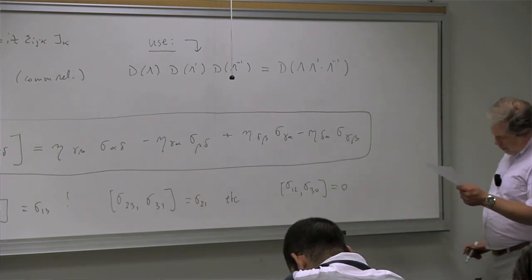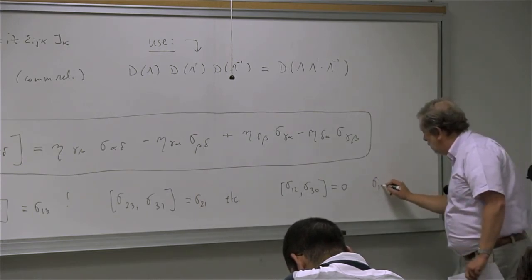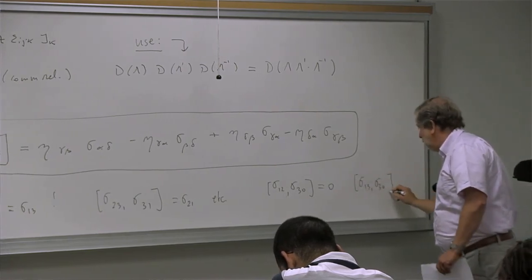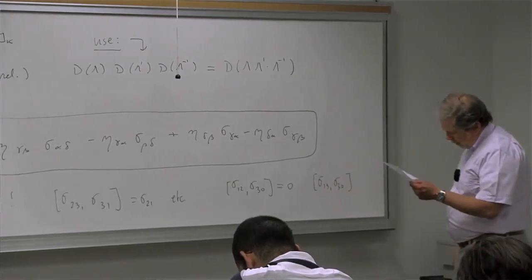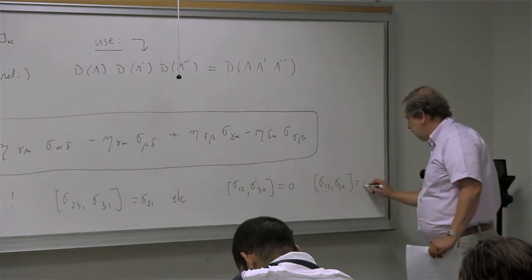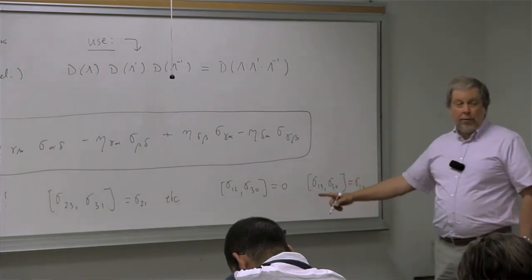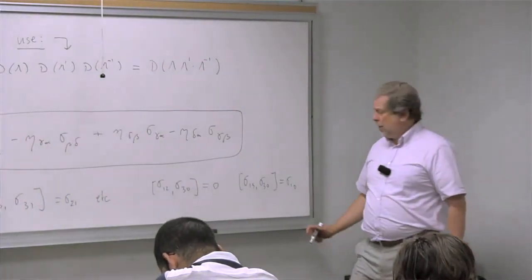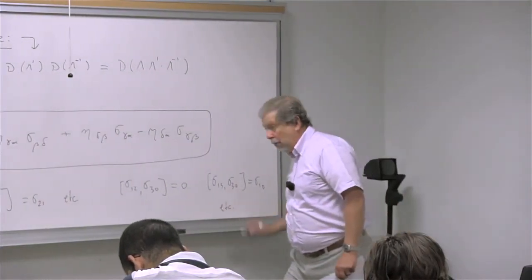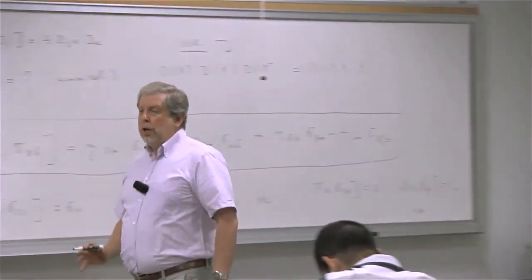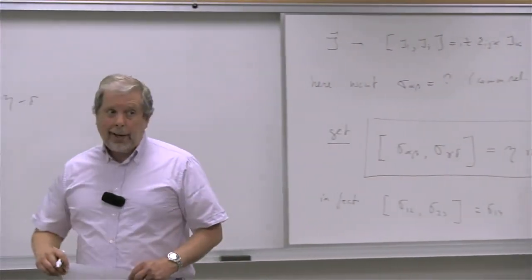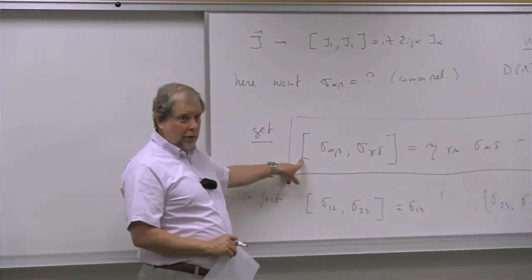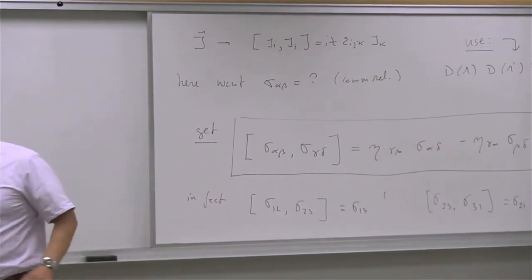And sigma 1, 3 with sigma 3, 0 is equal to sigma 1, 0. From the ones I've written, you can reconstruct all the other ones by just swapping indices around. So the commutation relations are actually simple. Even though this formula looks like quite a handful, most of the terms are 0.